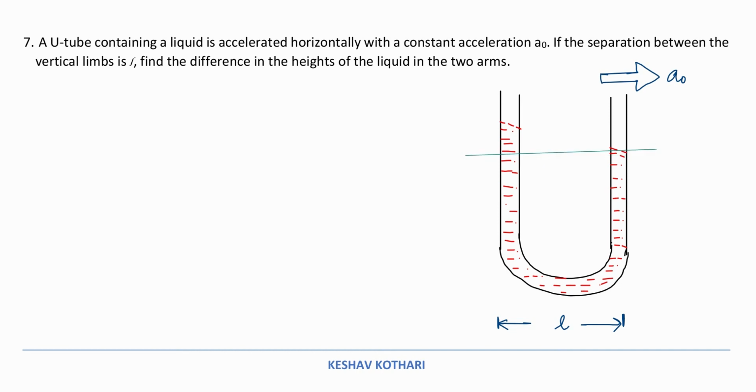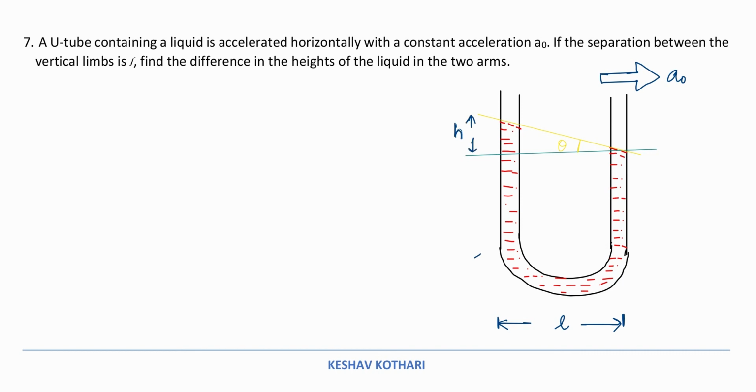I can say that this theta angle which we wish to calculate can be written in terms of the difference in the height of the liquid column in the two limbs.